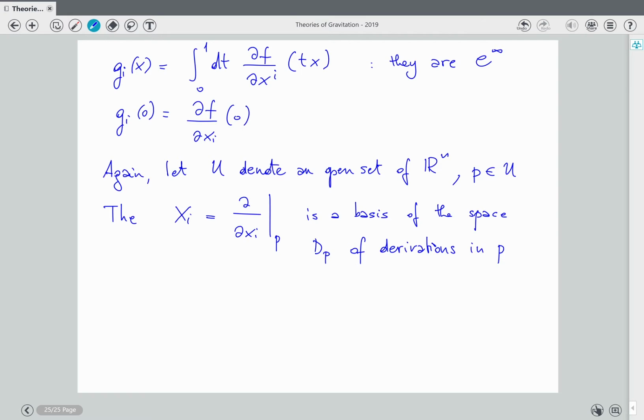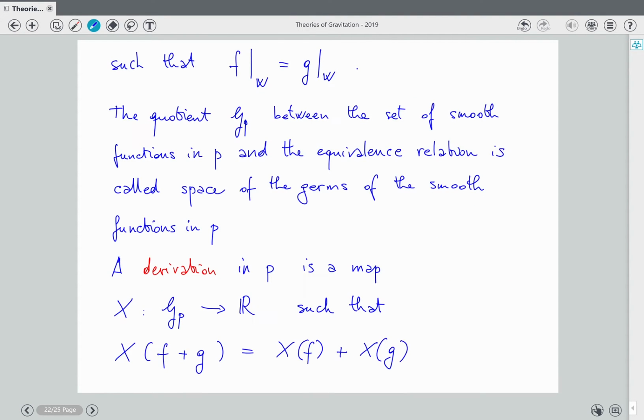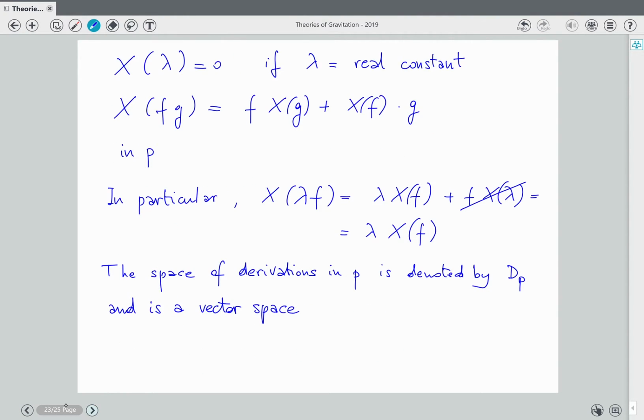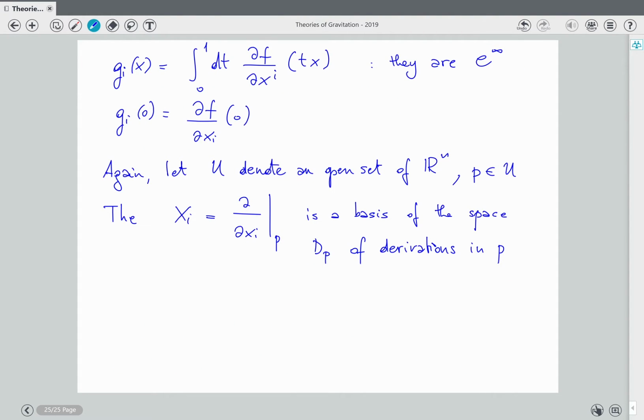So what are these objects? Again, let's recall that a derivation is an application that acts on germs of functions. So we have to explain how these act on functions.